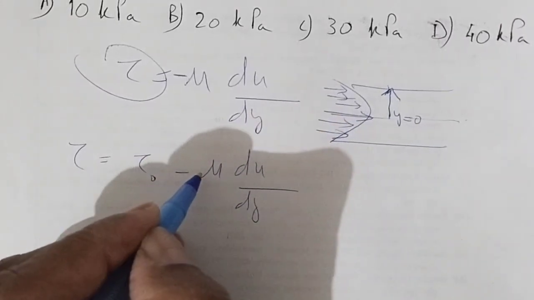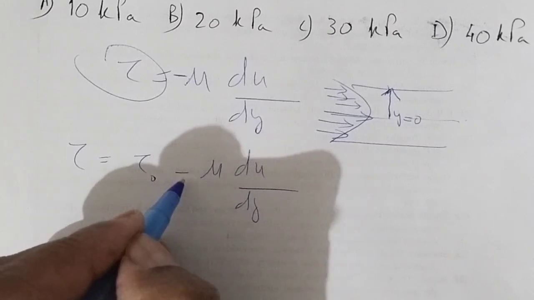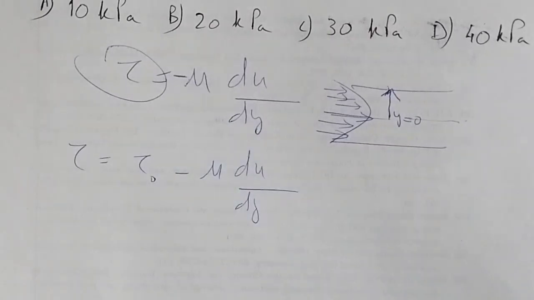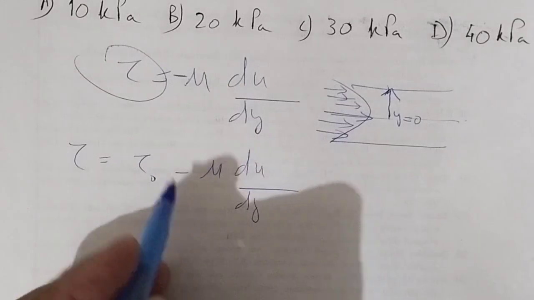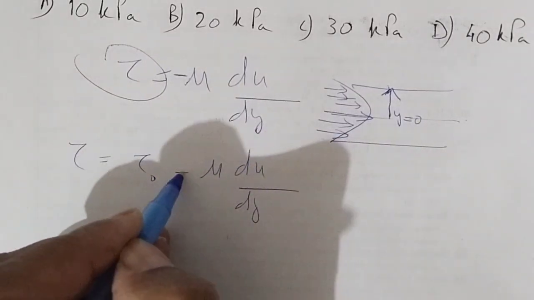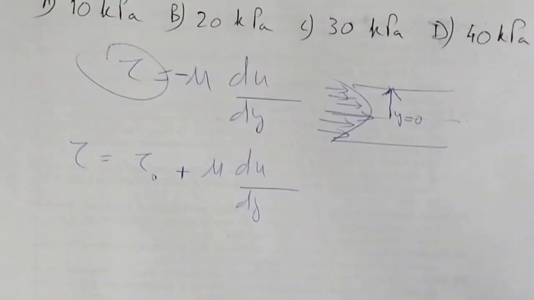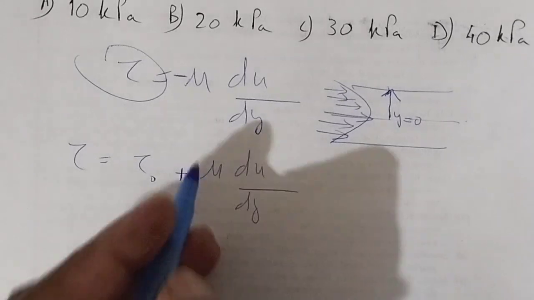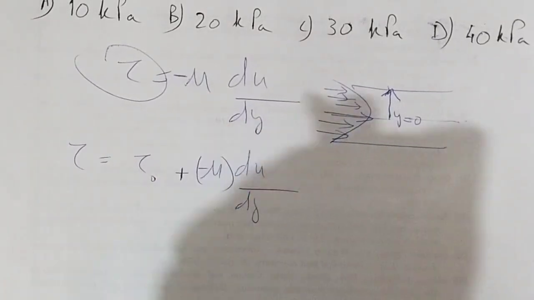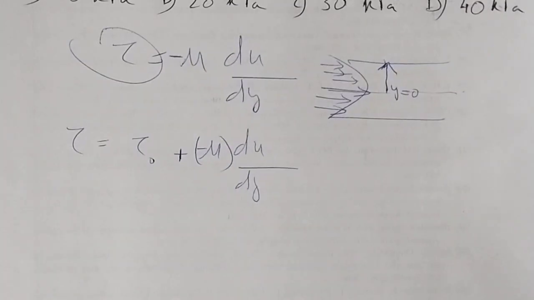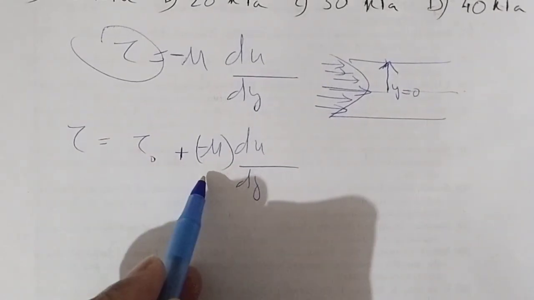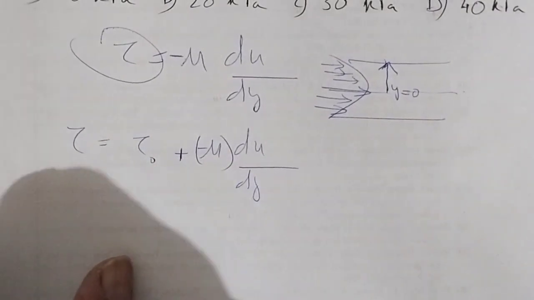Now, this sign is just an indication of negative, but here it's basically positive. So tau equal to tau 0 plus mu du by dy.